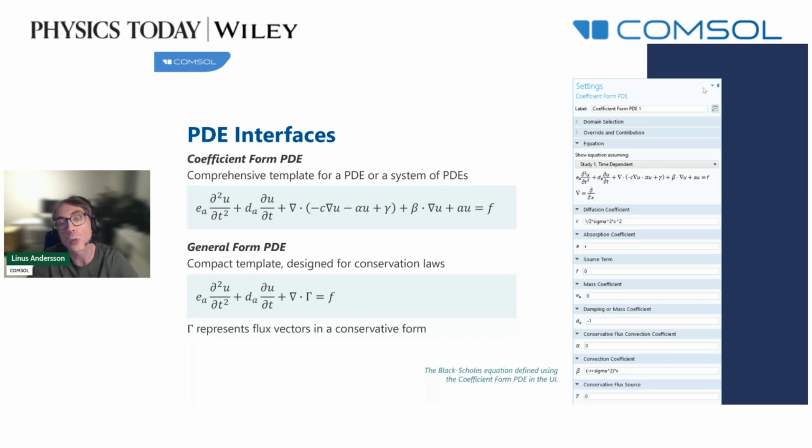And expressions can be quite arbitrary functions of space, time, and the solution variables themselves. So for example, if you're solving for a variable u, your source term f can well read something like du/dx plus sine of u plus the integral of u over some boundary in your model, non-local coupling that is. And only your imagination sets the limits really.